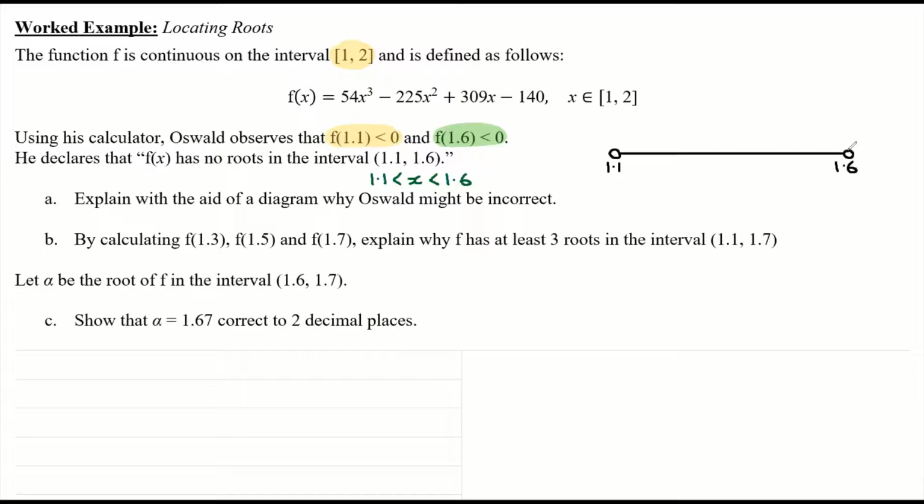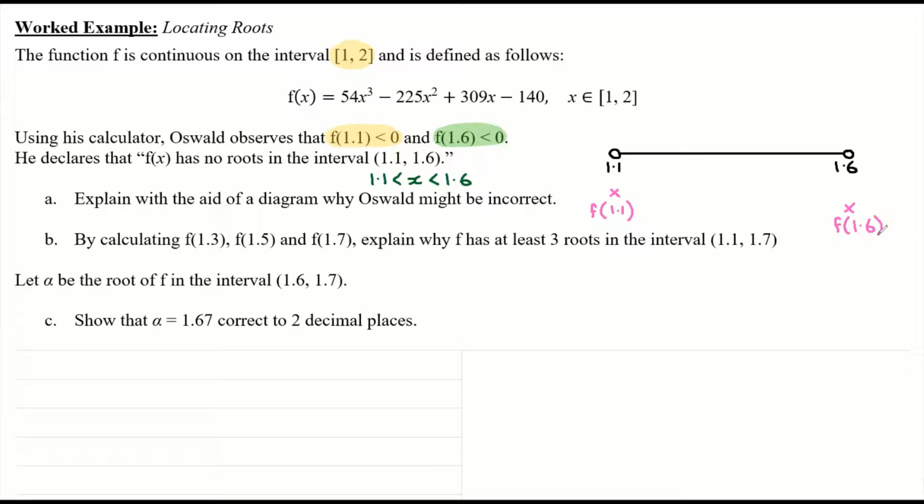Now, according to Oswald's work, he states that f of 1.1 is negative. We'll assume that's true. So that would put the point f of 1.1 somewhere down here. I don't know where it is exactly, but that would be f of 1.1. We just know it's negative. And also f of 1.6 is also negative. So we'll put that at a slightly different value, maybe somewhere there. Doesn't matter where you put it.